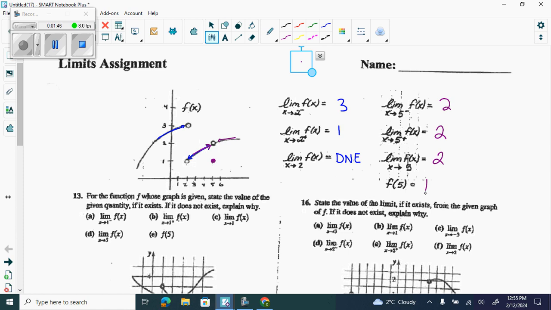So, I want to draw your attention to this. If I ask you if the graph is continuous at 5, you would say what? No, it's not continuous at 5, right? Now, how do you say that it's not continuous? In order for a graph to be continuous, what has to happen?